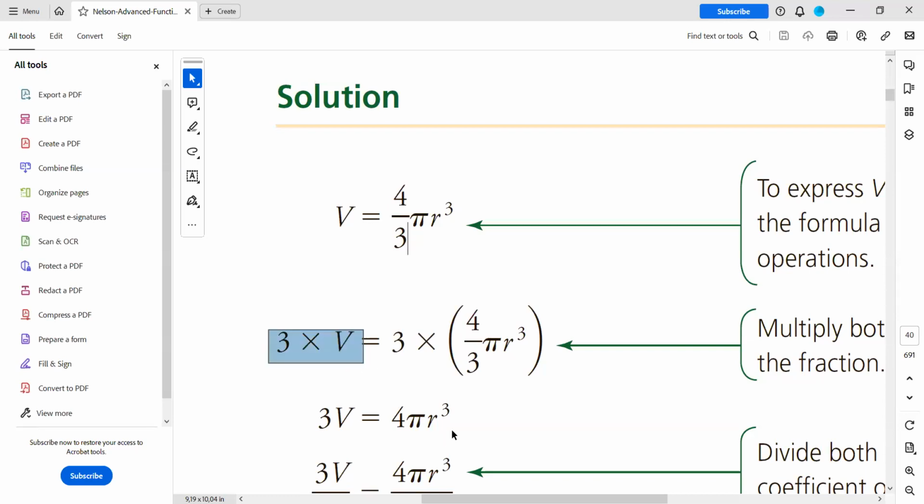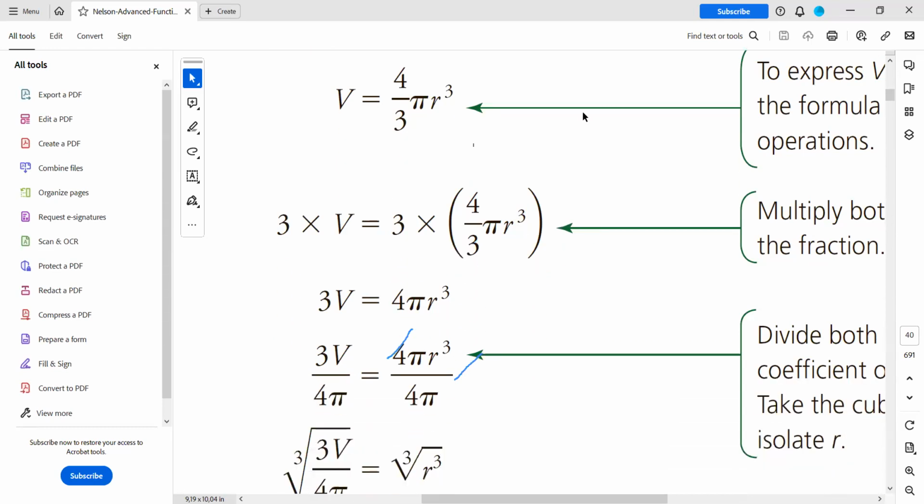Now, on the left side, we have 3 times v. On the right side, we have 3 times this whole expression. It is reasonable that this 3 and this 3 are going to get factorized, right? So we basically canceled this division by 3. We made an inverse operation.